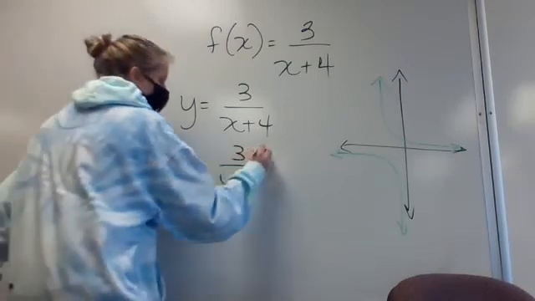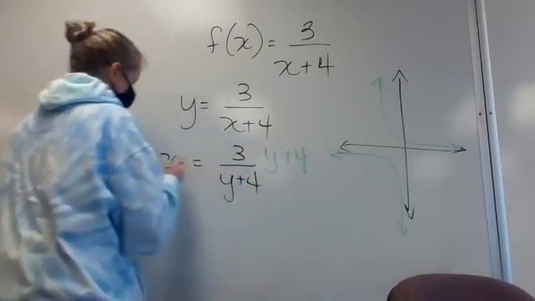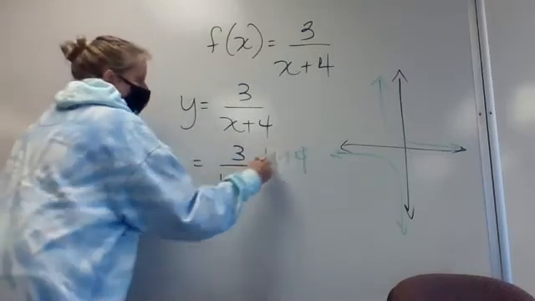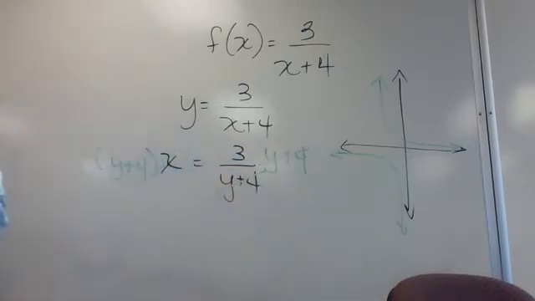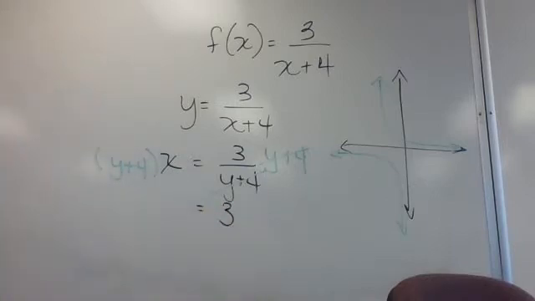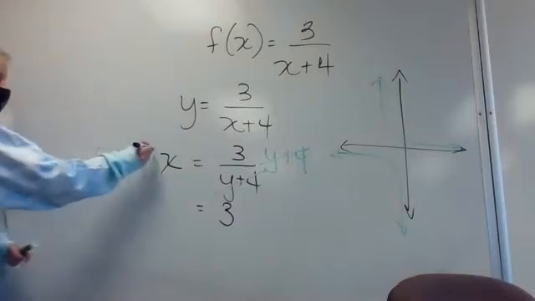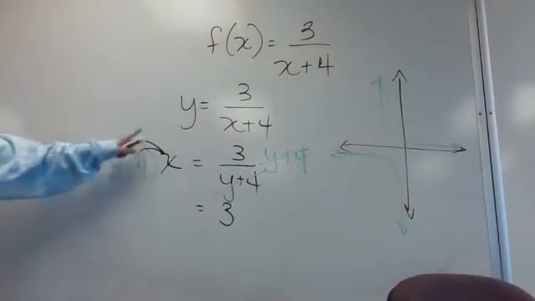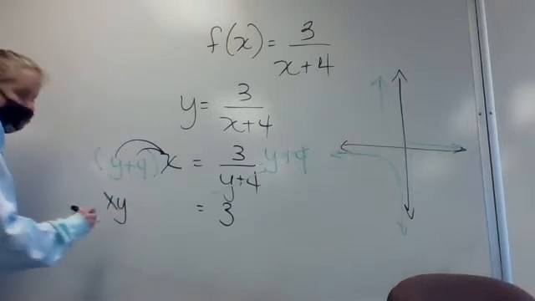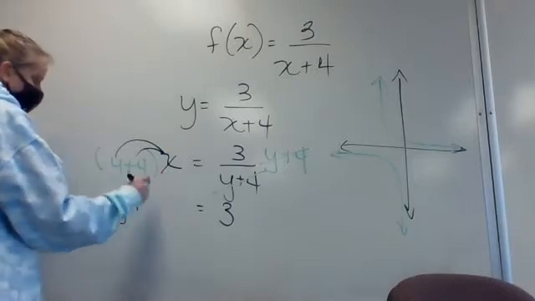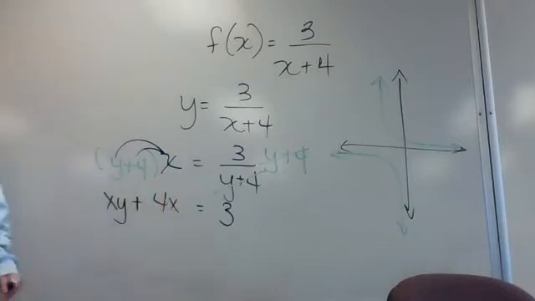Okay, so if I multiply both sides by y plus 4, again, it'll cancel it over there, so you just have the 3. On the left side, I'm going to distribute that x. So x times y gives me xy plus x times 4 gives me 4x.